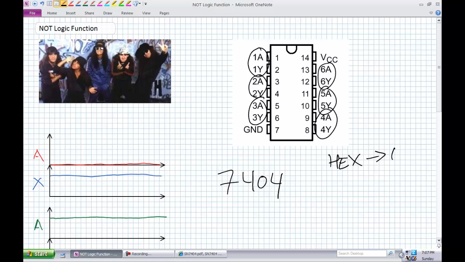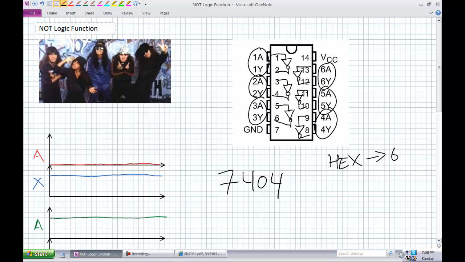Hex. 6 inverters. Between 1 and 2, there's an inverter. Between 3 and 4, there's an inverter. 5 and 6, there's an inverter. 9 and 8, an inverter. 11 and 10, an inverter. 13 and 12, an inverter.